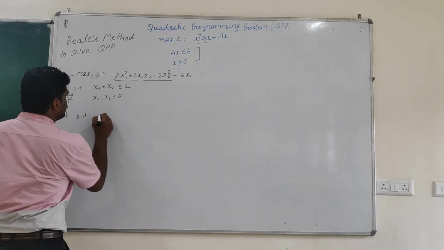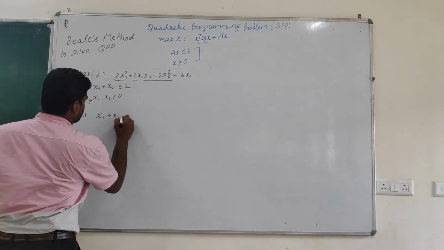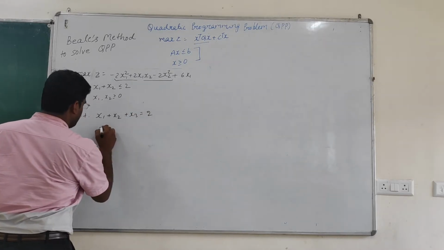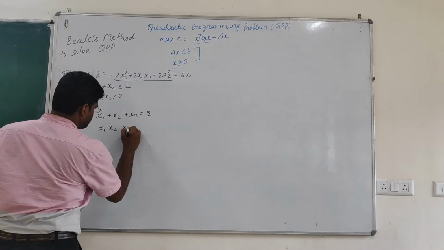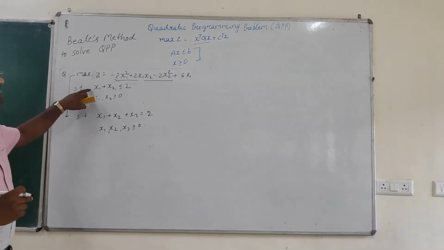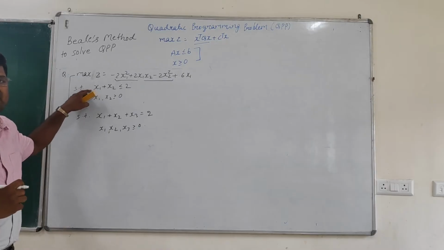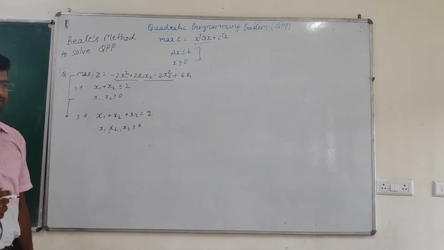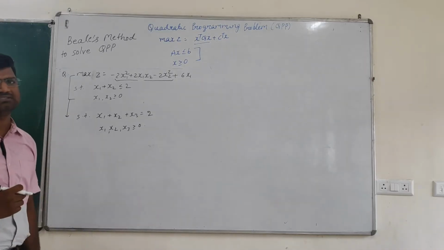We write it such that x1 plus x2 plus x3 is equal to 2, and x1, x2 and x3 are all greater than or equal to 0. The main constraint that was given to us, we converted into the form of an equation. The objective function will be as it is.